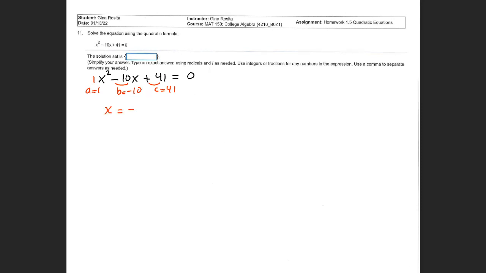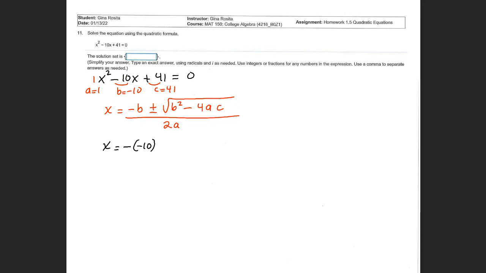Just write down the formula: x equals negative b plus or minus the square root of b squared minus 4ac over 2a. Now we just plug in. So x equals negative b, and b is negative 10. Use the parentheses, and be careful with the negative sign.